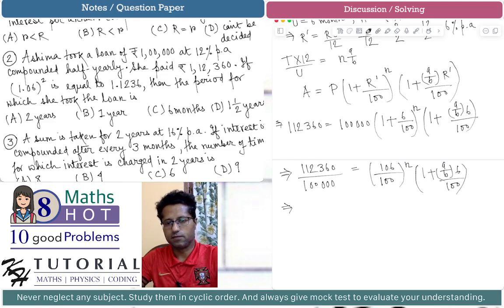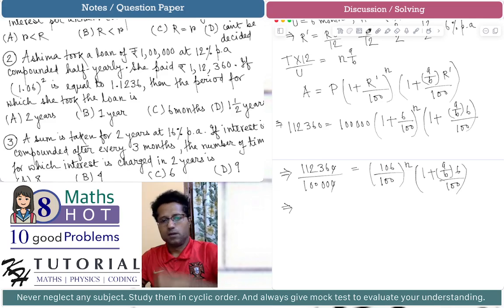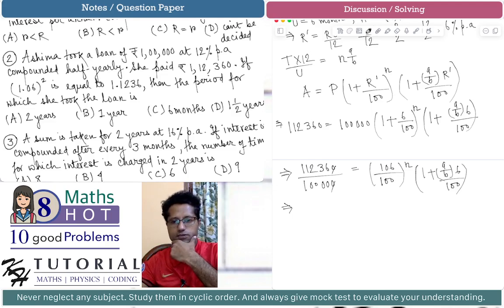Now on the left hand side the 10 cancels out, so we have 11236 over 10000. We can see that since we have 100 on the right hand side, let's express the denominator of the left hand side as a power of 100.